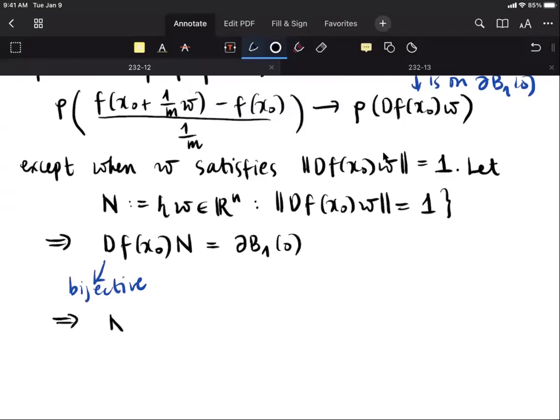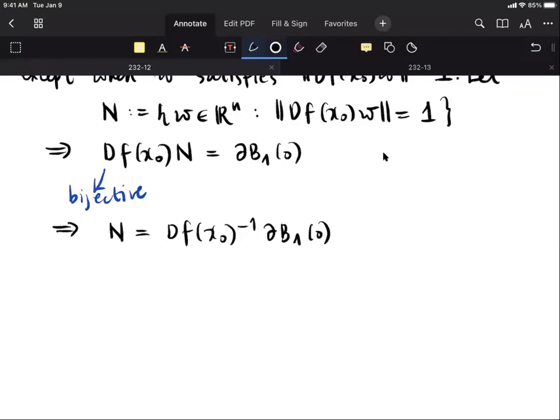Or equivalently, N is the inverse image with respect to this Jacobi matrix of the unit sphere, the boundary of the unit ball.